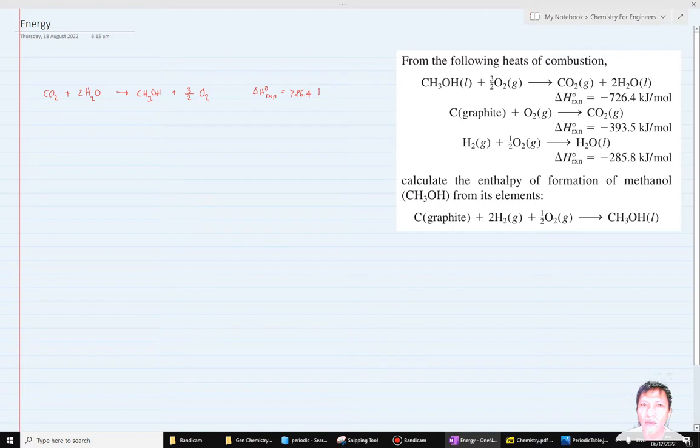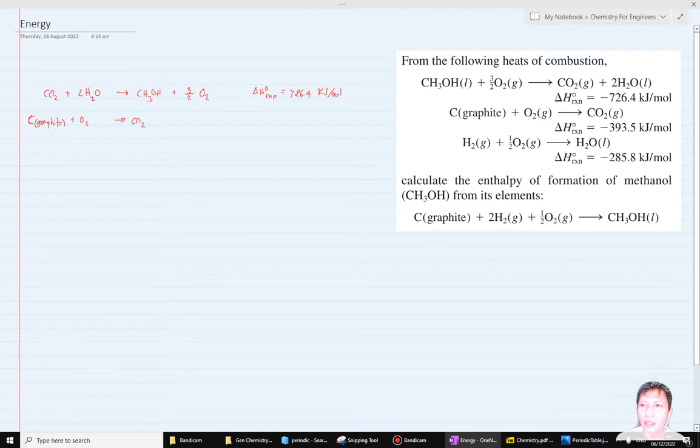726.4 kilojoules per mole. Next, we can see that graphite only appears at the left, so this is not that complicated. This will just be copied: carbon graphite, and you have oxygen as a reactant, then it will form carbon dioxide.